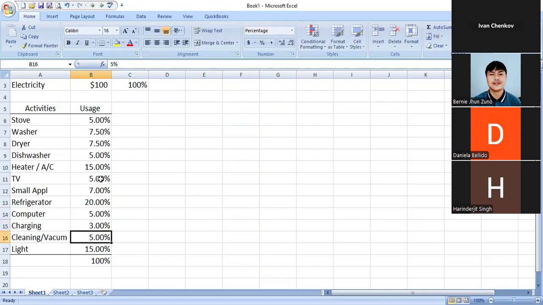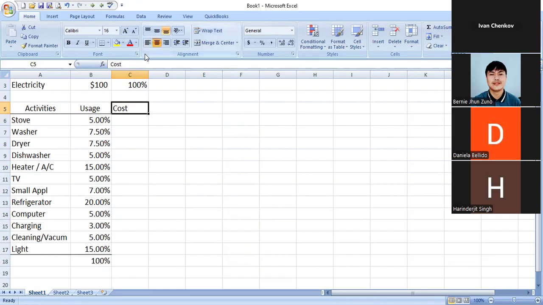Make sense? Yes. So now we know the usage, we have to find the cost, the total cost for that usage.